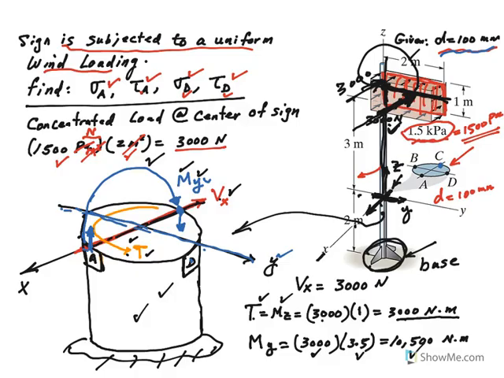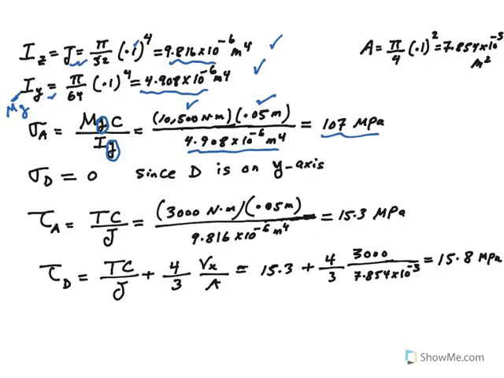So that would be the stress right here. And by the way, exactly the same one in compression acting at point C here, 107 megapascal. I just mentioned that sigma at D should be 0 since D is on the y-axis, and y-axis then is the neutral axis. Is neutral axis, right?